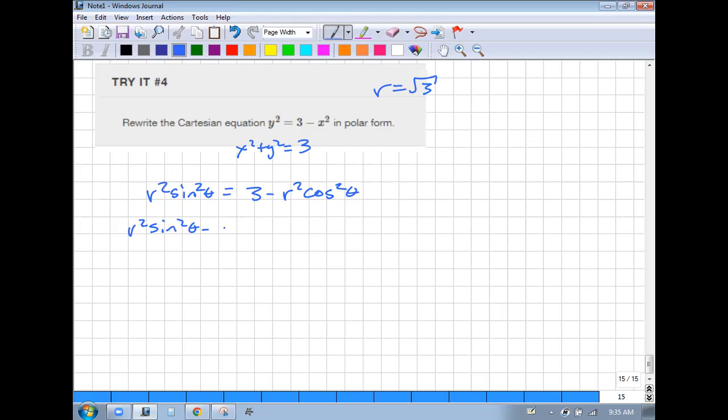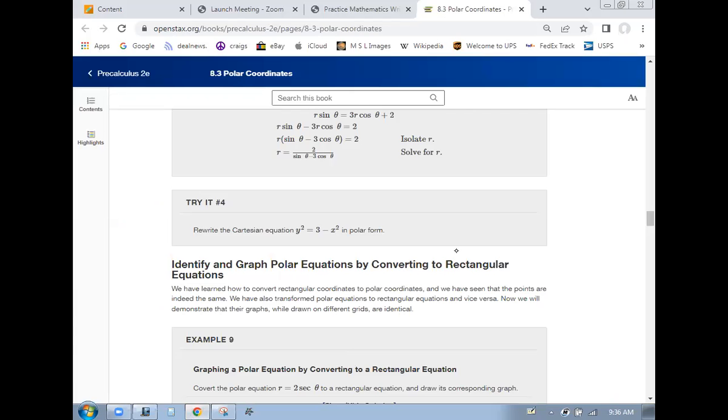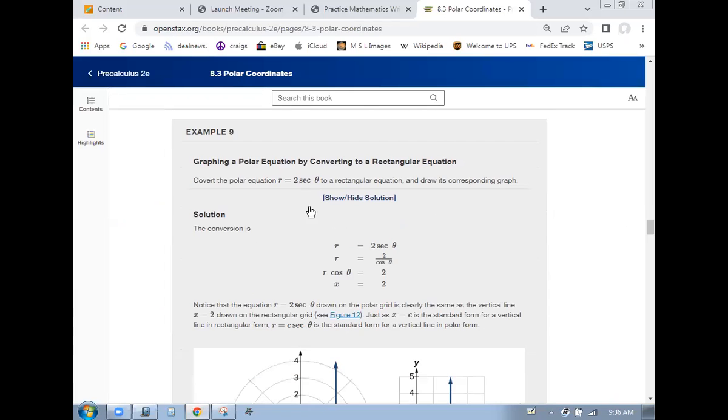If I move this over here, I could factor out the r squared, and then this is just 1, and I have r squared equals 3, or r equals root 3, right? You don't want to have to do all this. You want to look at it and use your intuition, turn it into something that's recognizable. This is going to be key when we do examples like this.